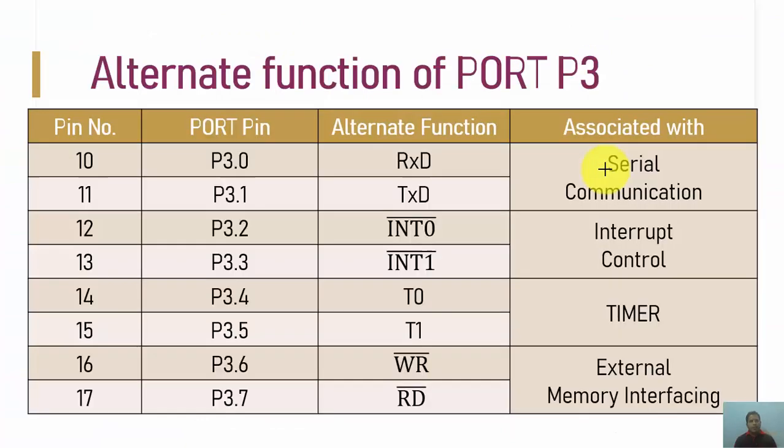Port P3 is again 8 bits wide. Pin number 10, which is P3.0, and pin number 11, which is P3.1, work as RXD and TXD respectively, and are associated with the serial communication block of the internal structure of the 8051 microcontroller.